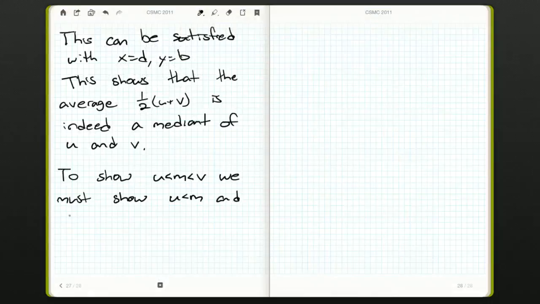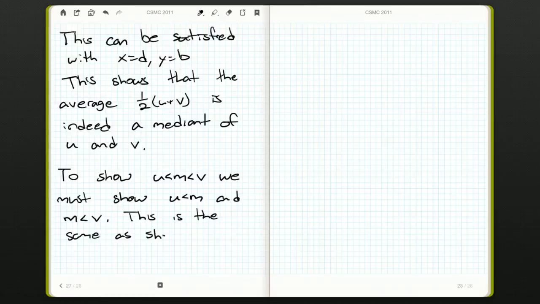So we need to show that m is greater than u, but also m is less than v. If we subtract u from both sides, we show that m minus u is positive, and subtract m from both sides, v minus m is positive.